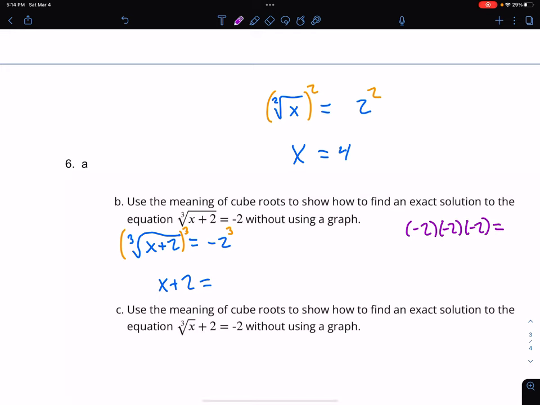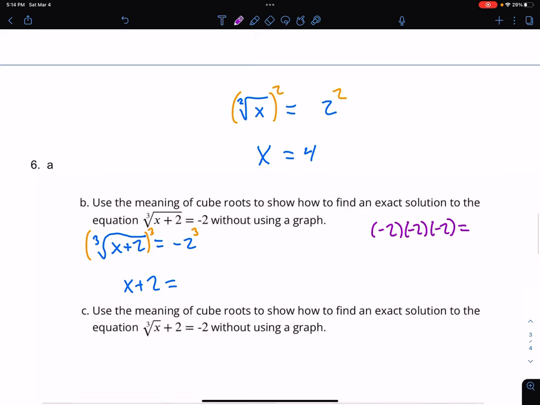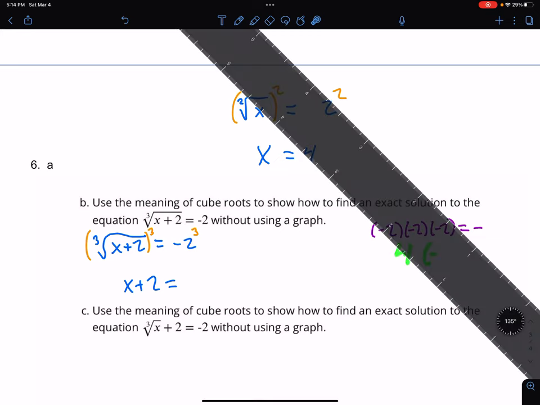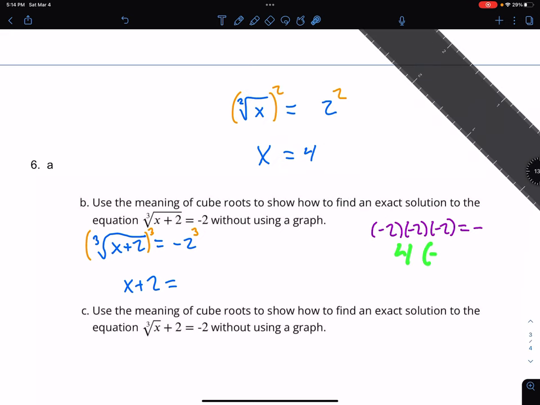Well, we learned in a previous unit that anytime you have an odd exponent, the negative comes out the other side. So it's going to be negative. Negative 2 times negative 2 is positive 4. And then I multiply that positive 4 times this negative 2. I hate that ruler. It's always getting in my way.